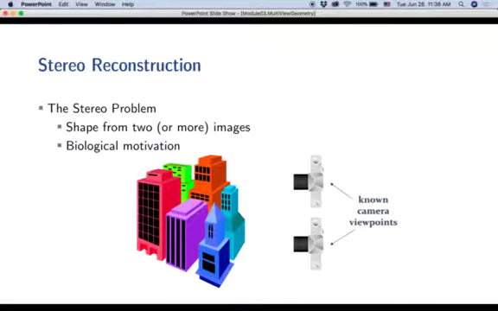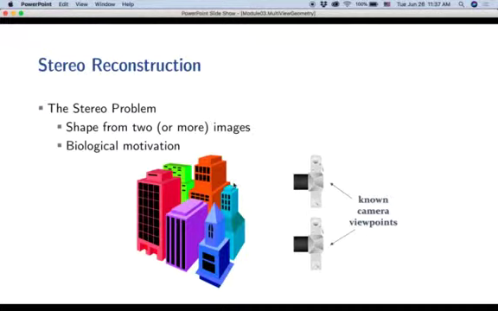And the stereo problem is this: you are given more than one image, right? So you have two cameras here, camera 1 and camera 2, looking at some 3D world. The world is not planar in general, it's a 3D world, okay? Which means points span all three dimensions, all three independent axes of the world.